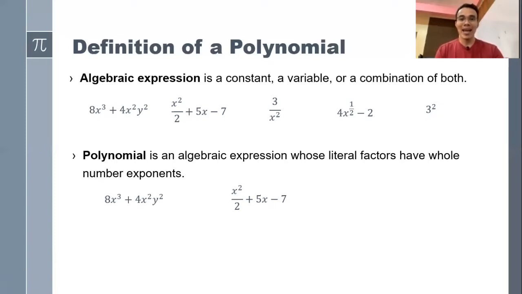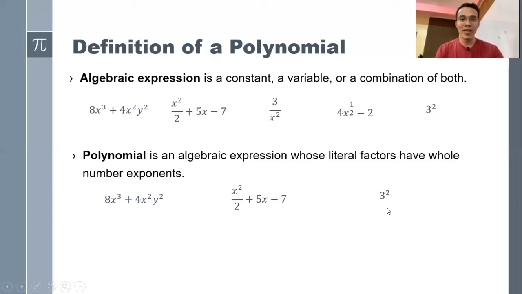By the way, x is understood to have an exponent of 1. And the third one is 3 squared. This is a polynomial. Remember, a polynomial is an algebraic expression, meaning it can be a constant. All constants are polynomials. 3 squared is a constant. It's the same as 9.